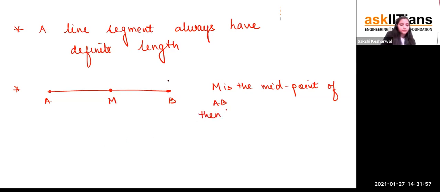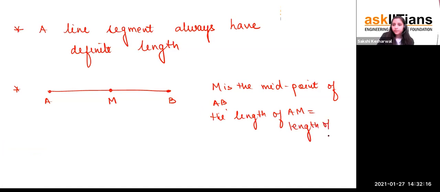The length of AM is equal to what, beta? Length of BM. Yes or no? Yes, you can just make an arrow like this, right or not?